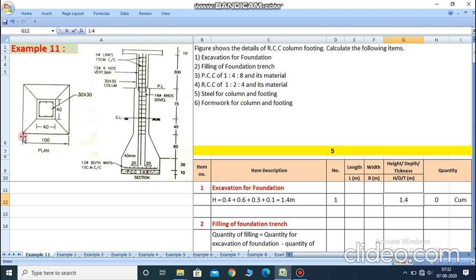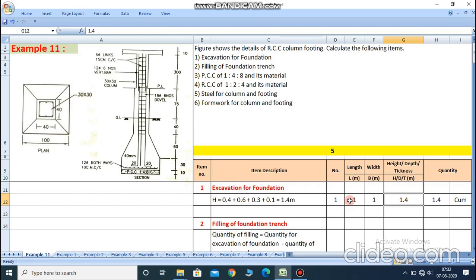In the plan, length and width are given as 100 centimeter, means 1 meter length and 1 meter width. So the total quantity for the excavation for foundation is 1.4 meter cube.